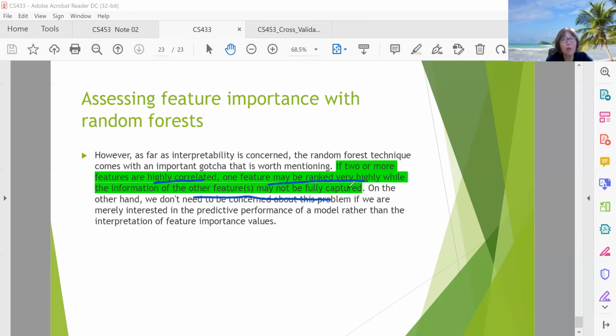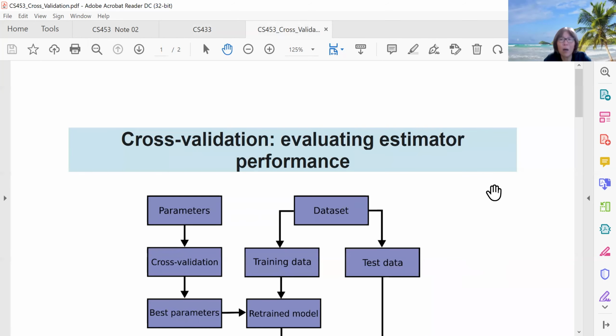So sometimes you may also need to consider the impact of highly correlated features. That's the idea about feature selection.